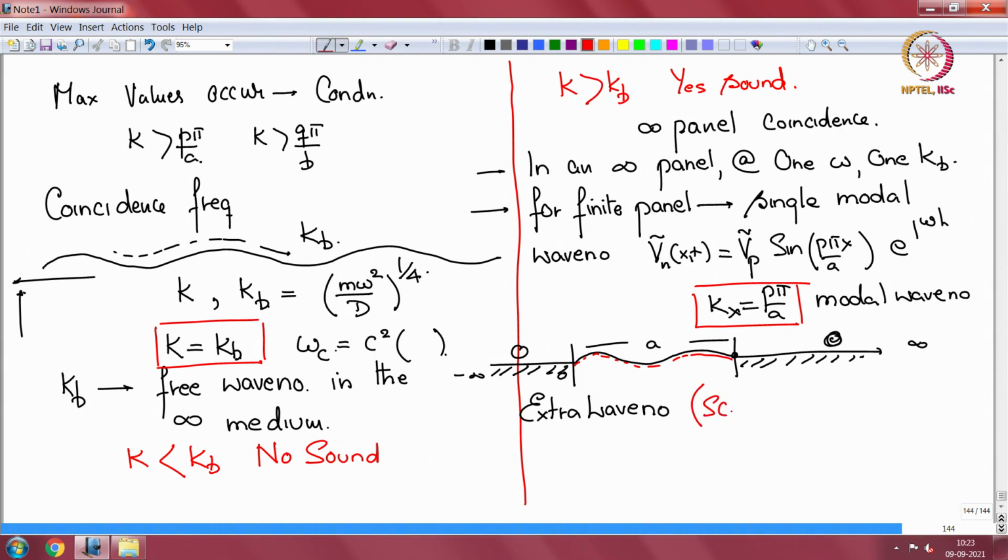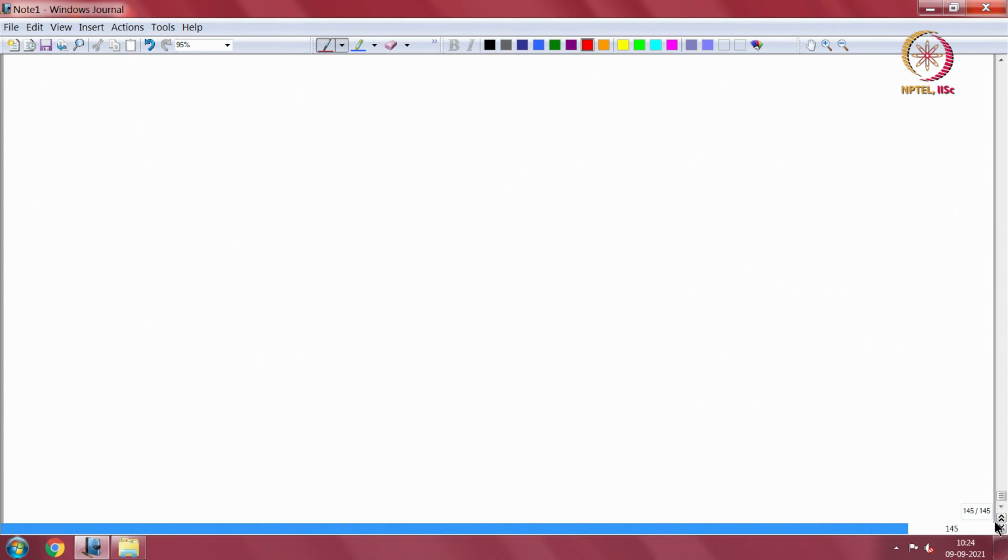It scatters and generates extra wave numbers, whereas in an infinite panel there is no such scattering and only one wave number remains. So the coincidence now we speak of.